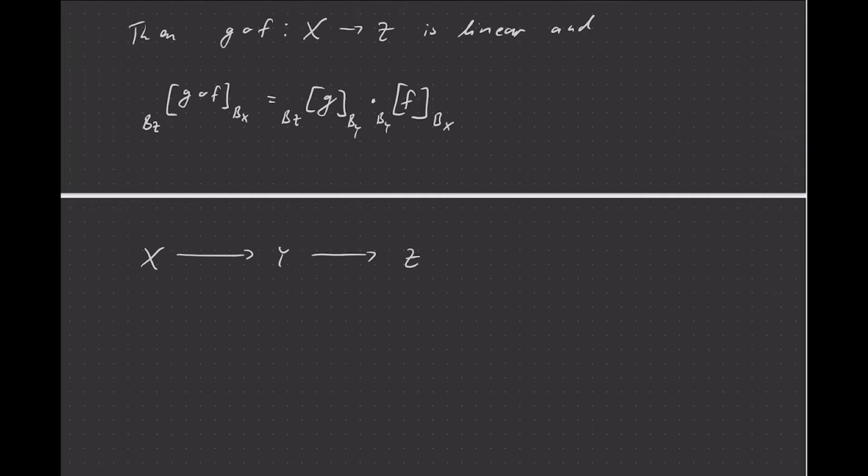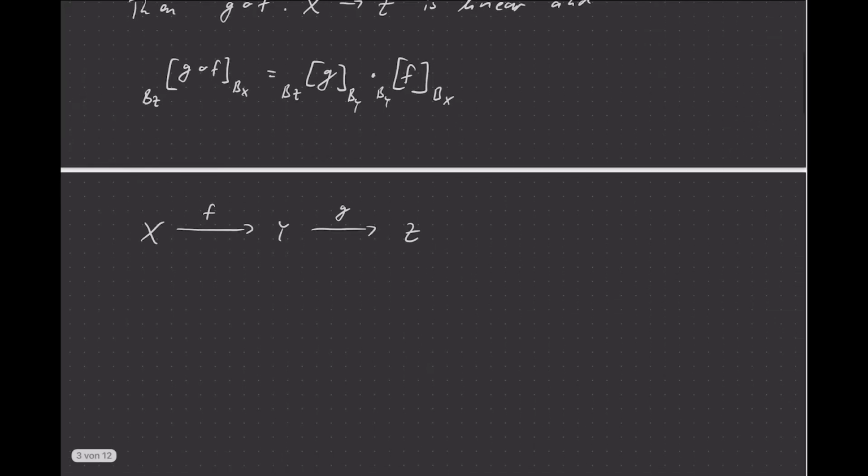So we first have our mapping F that we apply, then on top of that the mapping G. And in the corresponding coordinate spaces, here we have the coordinate system Bx, here we have By, here we have Bz, and the corresponding spaces.